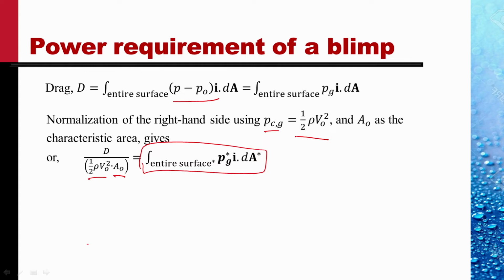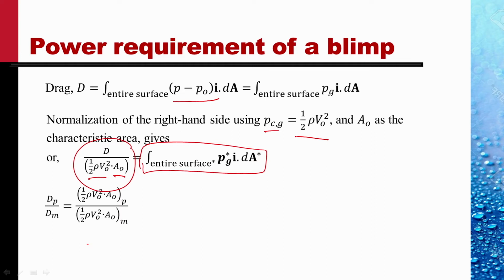That is the consequence of similarity. And so this integral would be the same in prototype as well as in the model. That means this value, which incidentally is defined as a drag coefficient, is the same in the prototype and in the model.